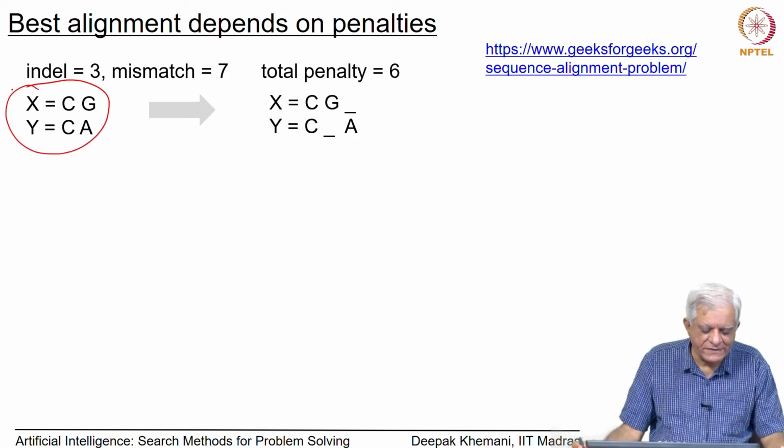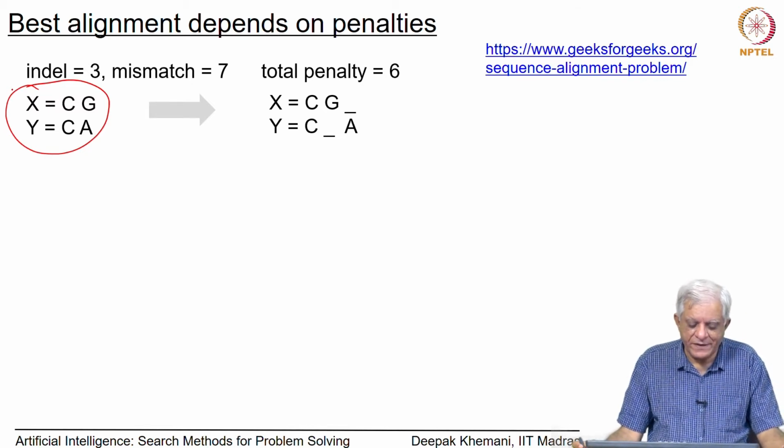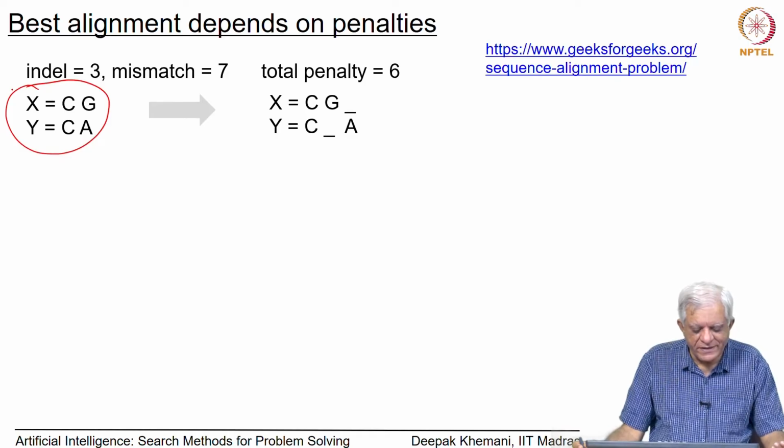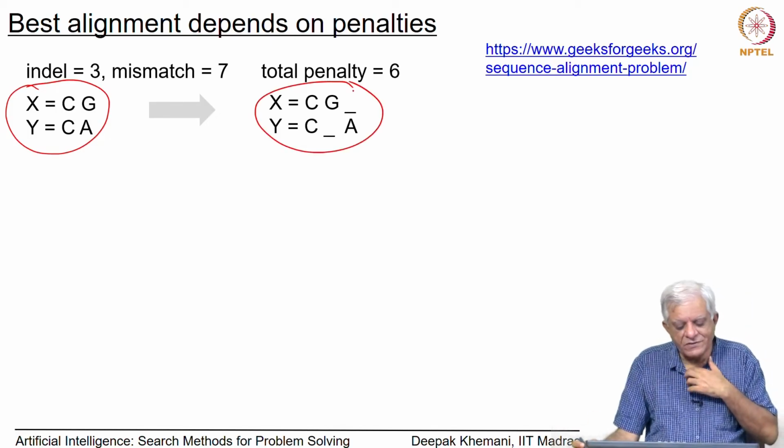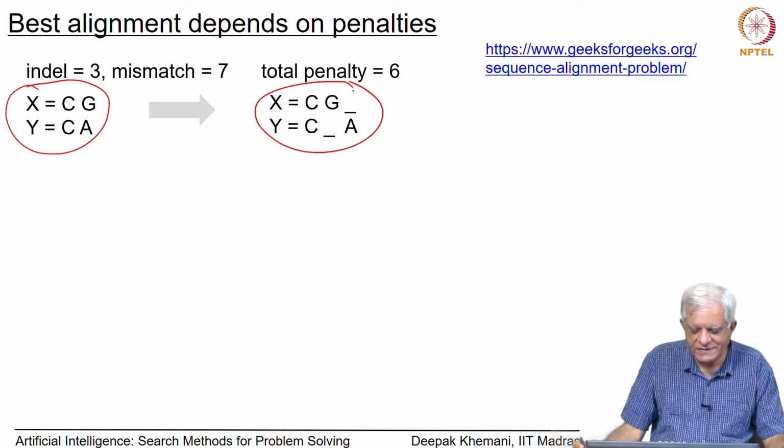It is a very small example: x simply consists of C and G and y consists of C and A. Now, if the gap insertion cost is 3 and the mismatch cost is 7, then it makes sense to insert a gap, and what you see in the alignment is that you have inserted two gaps, one to match with G and the other to match with A, and the total penalty is 6, which is because the gap insertion cost is 3 each. So, we have inserted two gaps, the penalty is 6 and the cost of that solution is 6.